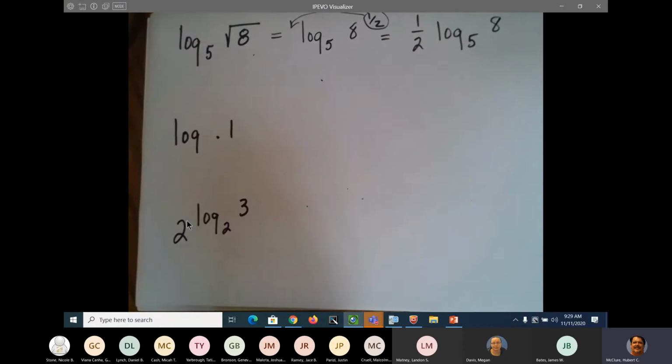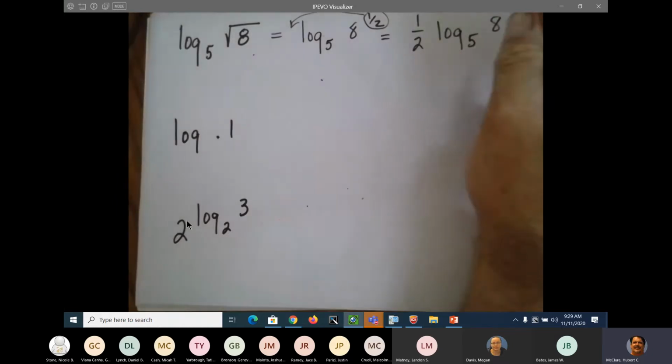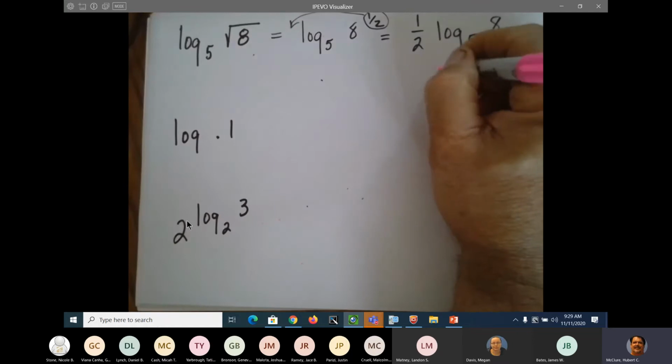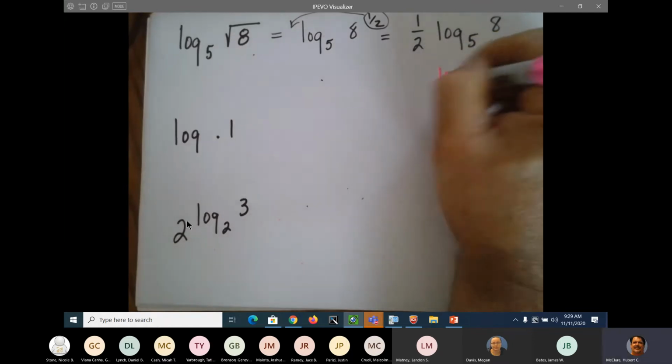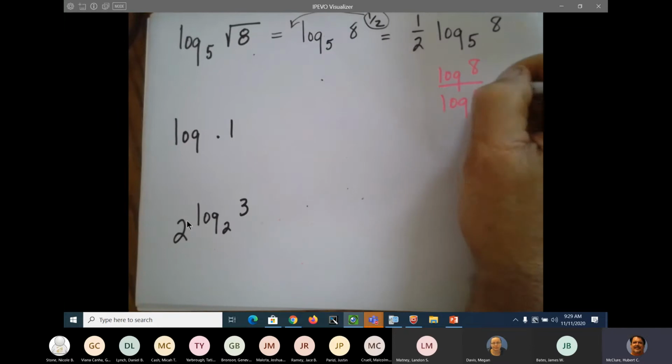And I'm going to go ahead and interject the change base formula in here. And I'll do it in pink because that means that I'm doing it extra. And therefore, when we get to the change base formula, it won't blindside you. So that's going to be log of 8 over the log of 5.